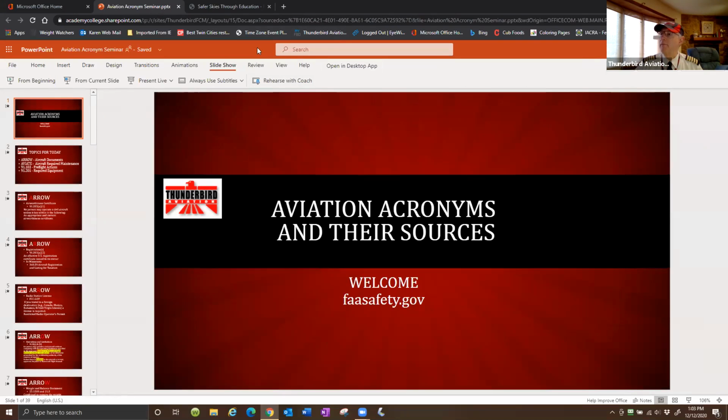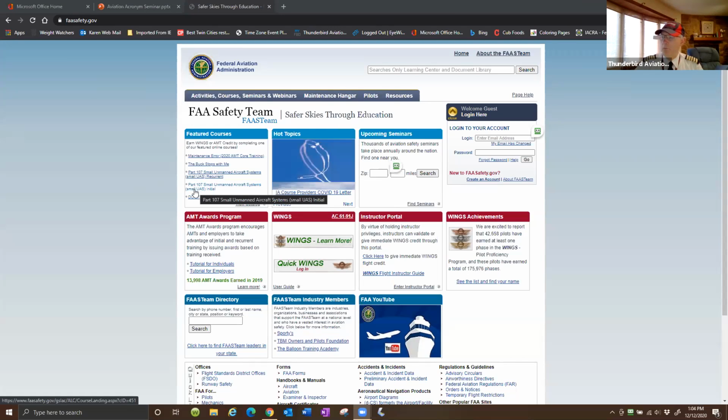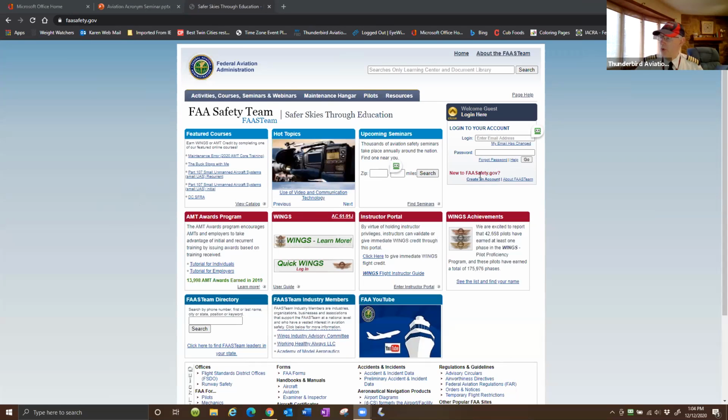And I've lost that portion of stop share. And to do that, go to FAA-safety.gov, and this website will show up, and up here in the upper left-hand corner, if you're new to FAA-safety.gov, there's a section here for creating an account.